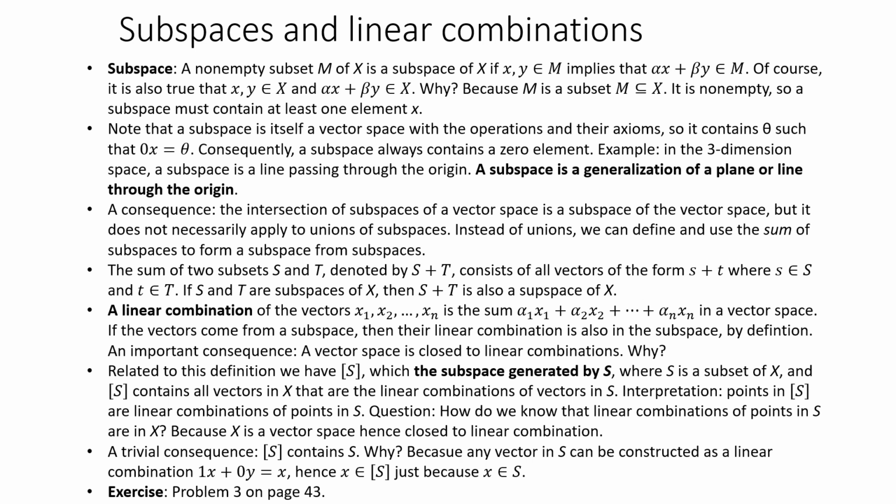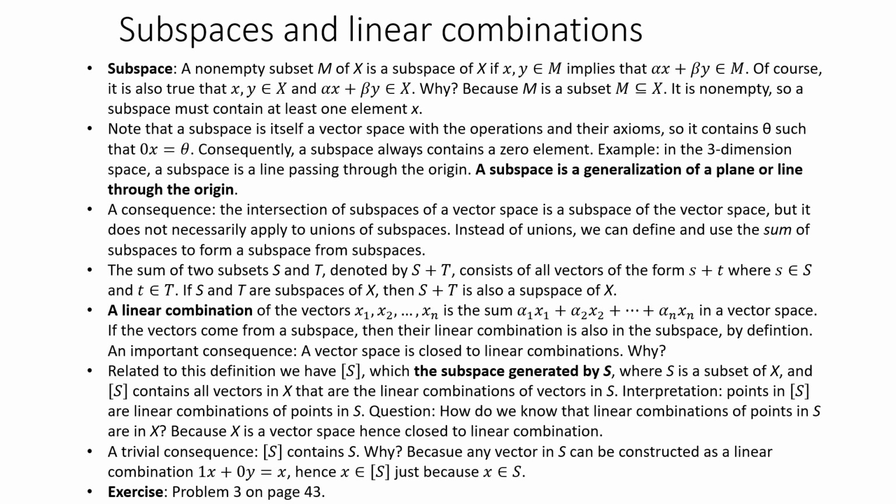Question: how do we know that the linear combinations of points in S are in X, I mean the vector space? It is trivial, because X is a vector space, so it is closed under linear combination, as we have pointed out. A trivial consequence: the subspace generated by S contains S, the subset, because any vector in S can be constructed as a linear combination.